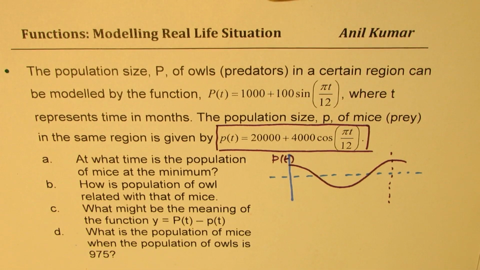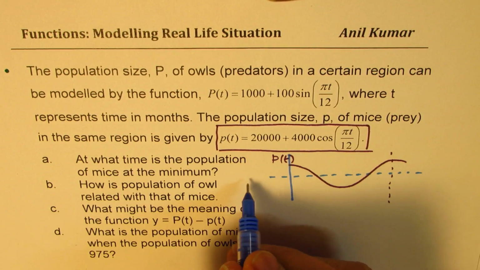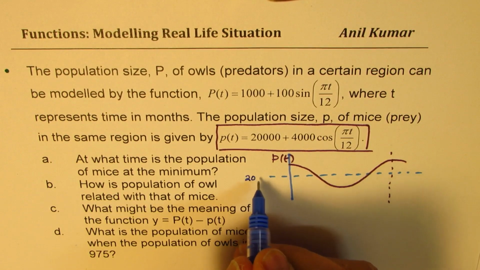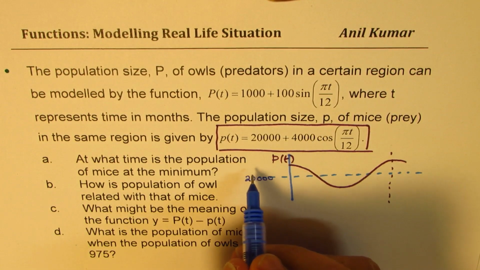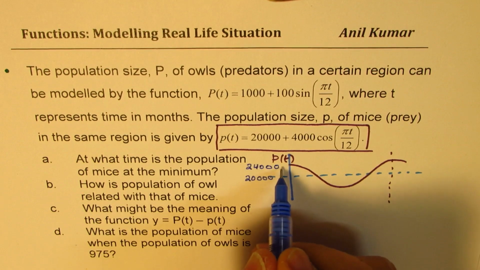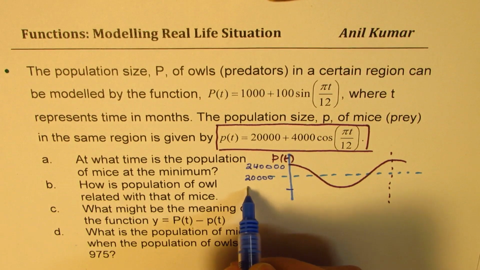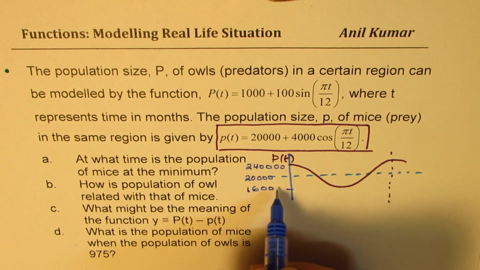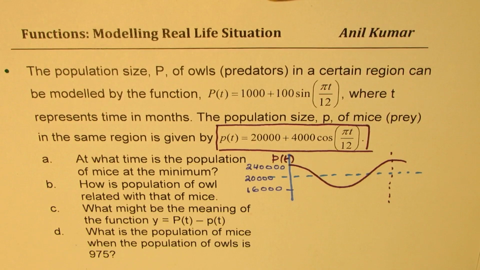Now in this one cycle, what we can notice here is that the axis is 20,000, right? 4,000 more, that is the amplitude, becomes 24,000, right? And 4,000 less will be the minimum, which is 16,000. So we get the numbers.